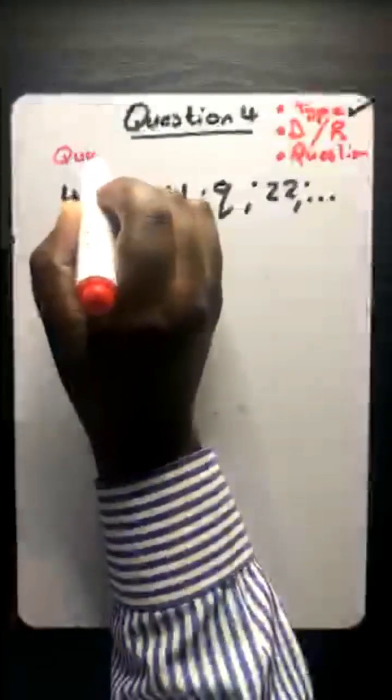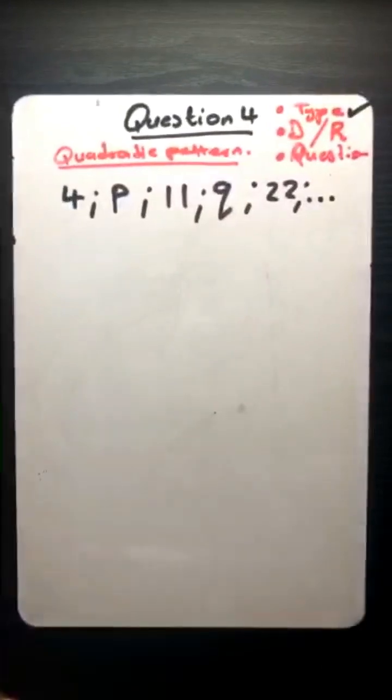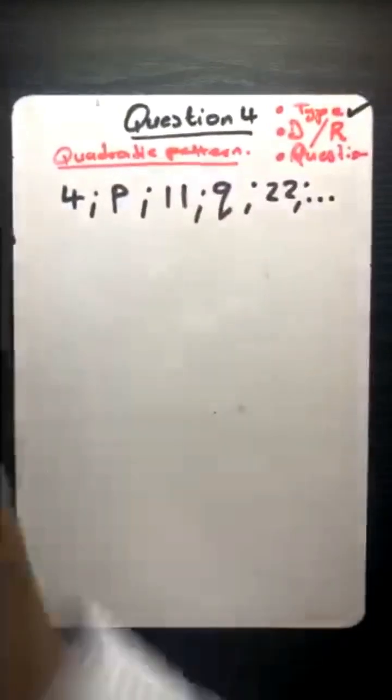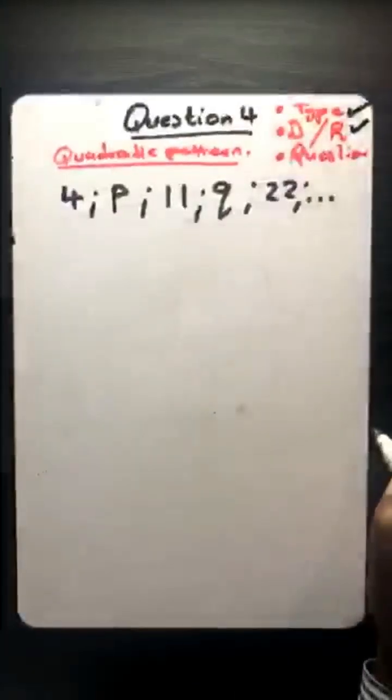How did she know? She got it from the statement, quadratic pattern. The moment you know you are dealing with a quadratic pattern, what's next is for you to do all those things in relation to a quadratic number pattern.